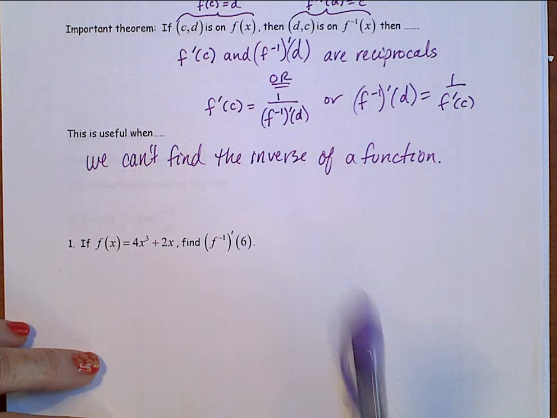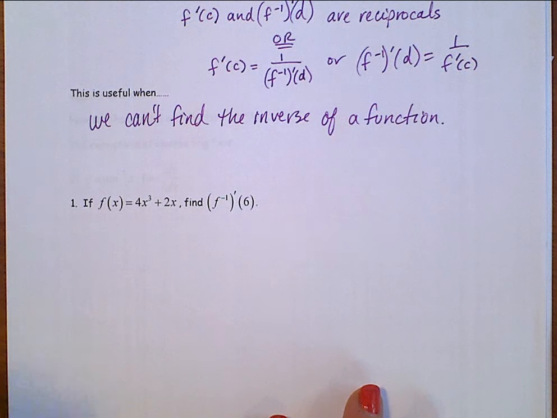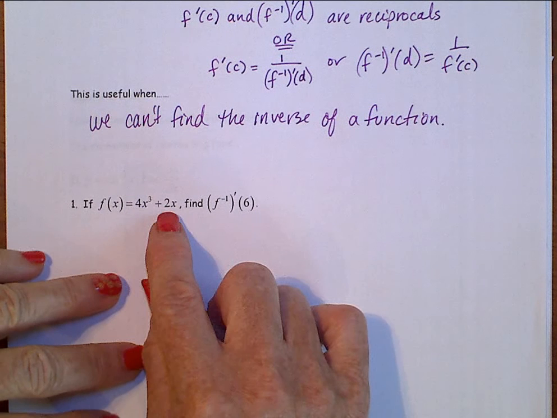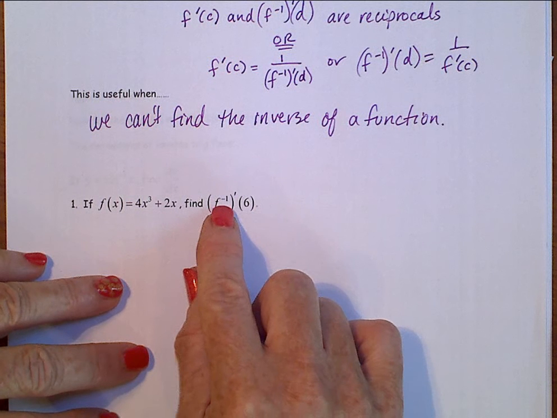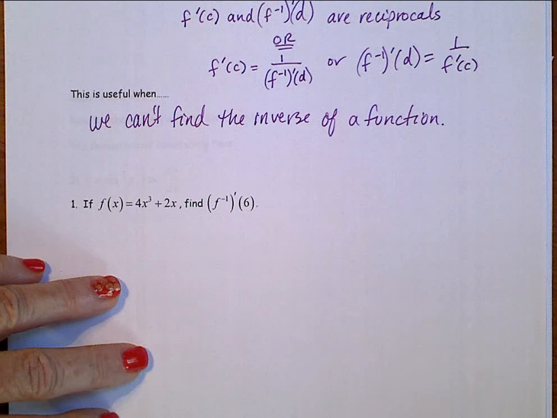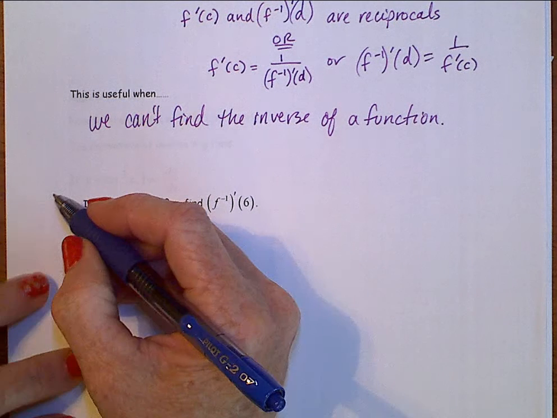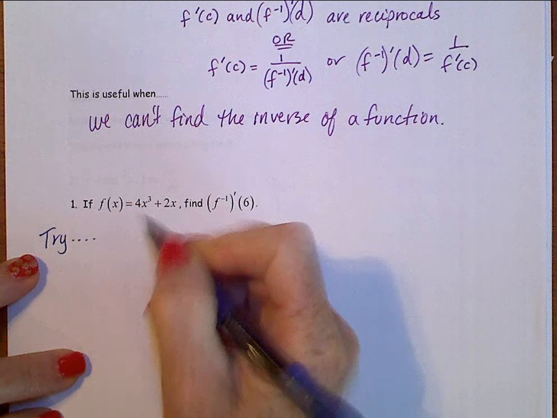Alright, let's take a look at this example down here. If f of x is 4x cubed plus 2x, then I want you to find f inverse prime at 6. Well, the first thing we do is try to go straightforward.